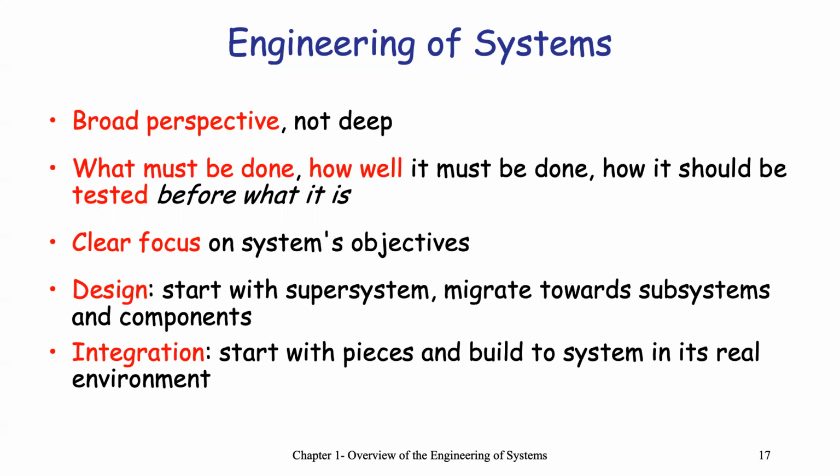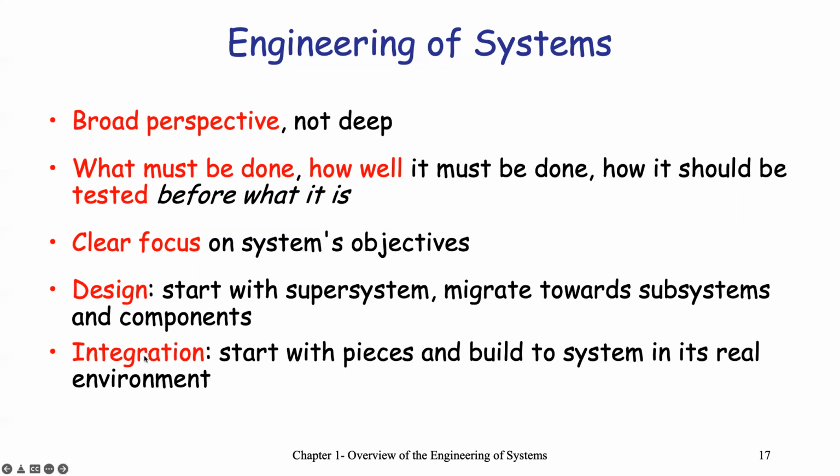And so that's going to be important. You need to have a clear focus on the system's objective. And then in terms of design and integration, first for design, you want to start with the super subsystem. Have the top level way of looking at it, create those block diagrams and how they're related. You want to migrate towards subsystems and components. So you start with the big picture and then you go towards the details.